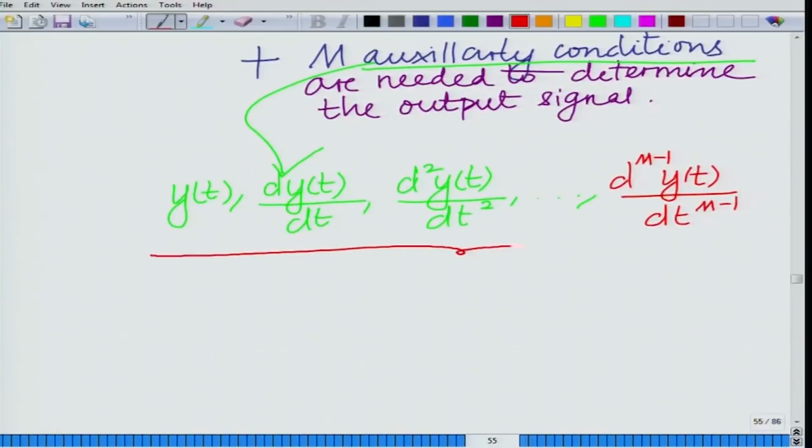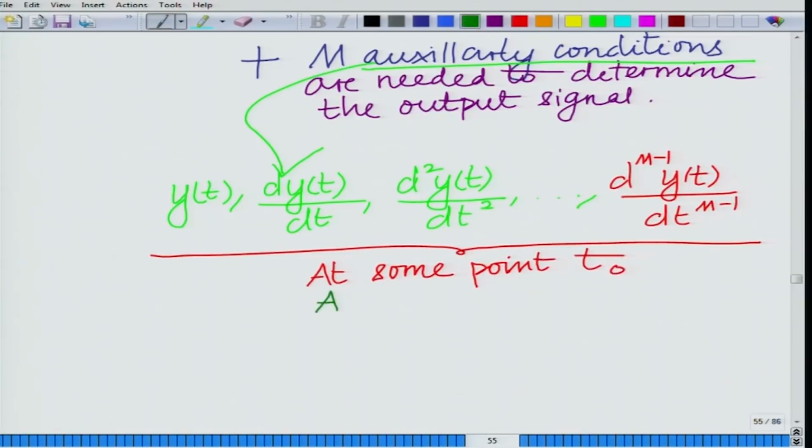These have to be given at some time t naught. So we have the various auxiliary conditions which are necessary to determine the solution.